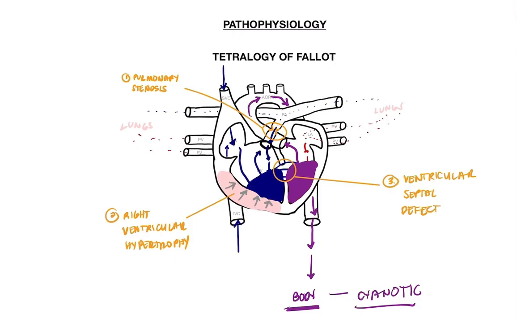And number 4, the overriding of the aorta. The aorta is not supposed to be delivering the mixed blood. Okay. Do you understand?